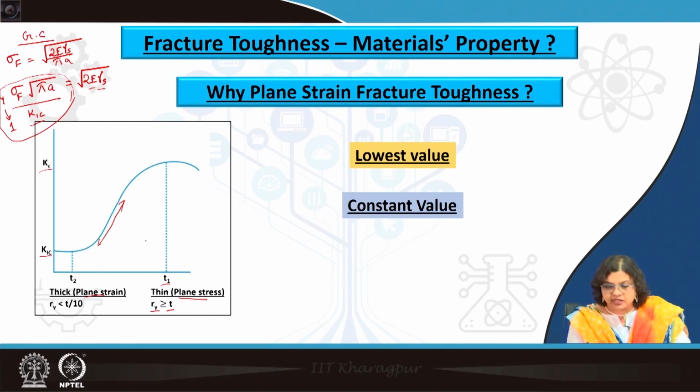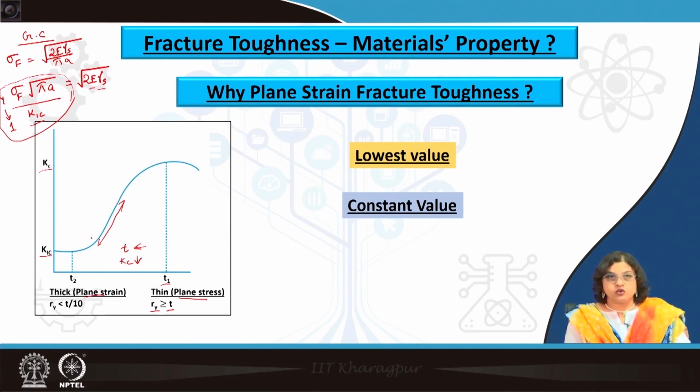If we are increasing T, T is increasing in this direction and fracture toughness is decreasing, right, and there is a very sharp change in the fracture toughness values.